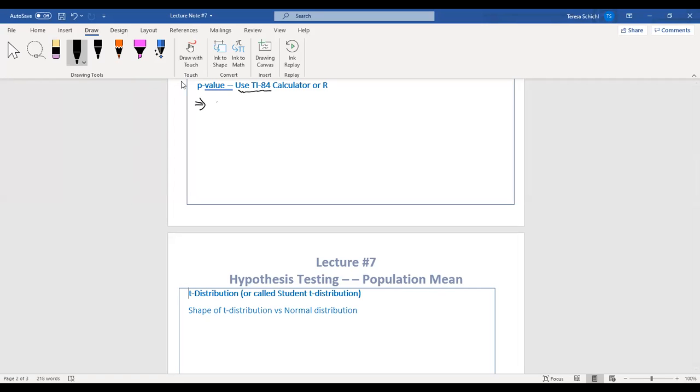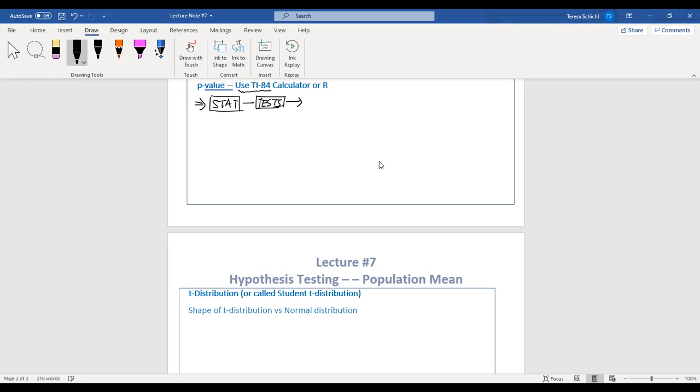If you still remember, we go to the stat functions. Under the stat functions, we go to the test. So under the stat functions, we go to the test here.